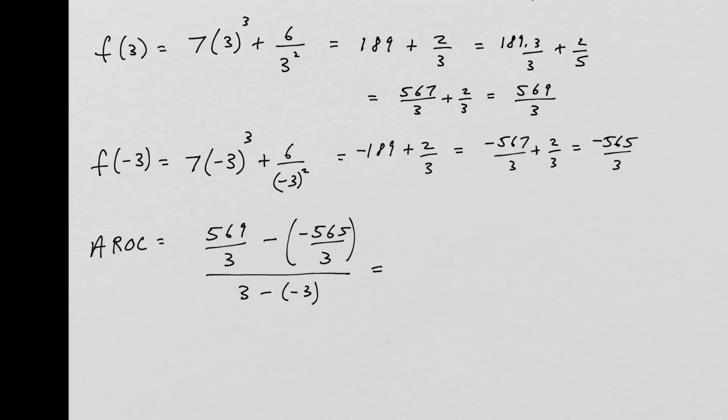Okay, so if you work this out, it turns out that the numerator is simply going to be 378. The denominator, of course, is 6. And then 378 divided by 6 is equal to 63. So that's the average rate of change, 63.